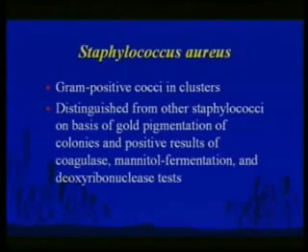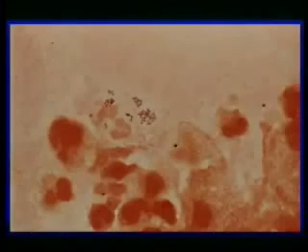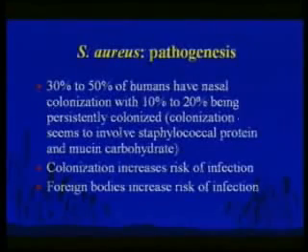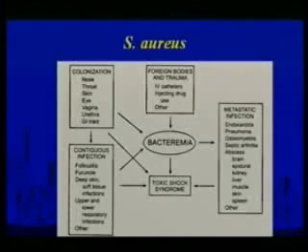Gram-positive cocci in clusters, gold pigmentation, coagulase. And the overall pathogenesis of staph in a given patient is pretty much summarized here. So frequently in infectious diseases, we see colonization preceding infection. We get infected by the organisms that we already have picked up. There are some exceptions. Can you name some exceptions?